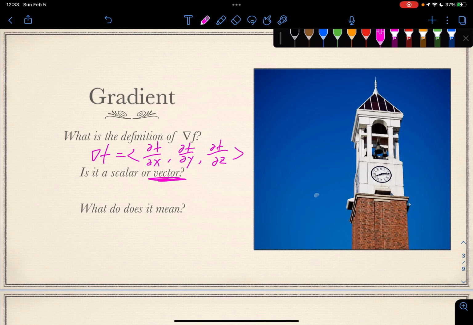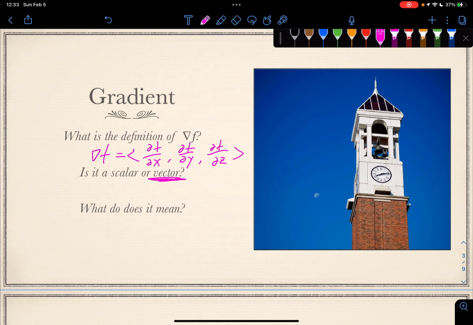And what does it mean? So I think of the gradient as kind of like the 3D or 2D version of the derivative that you have learned in Calc 1 and Calc 2. Instead of a scalar, now it's a vector, and it's pointing in a 3D direction.